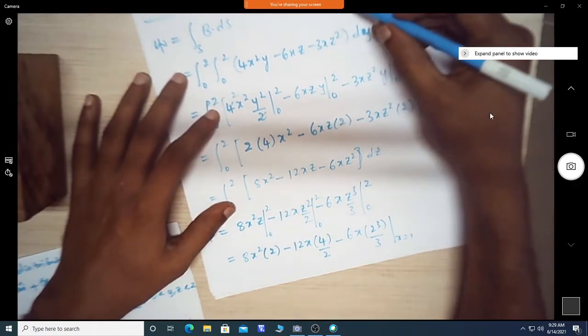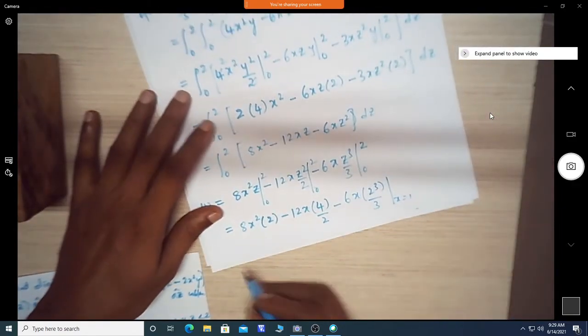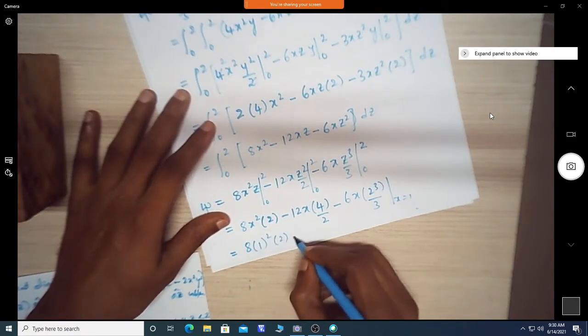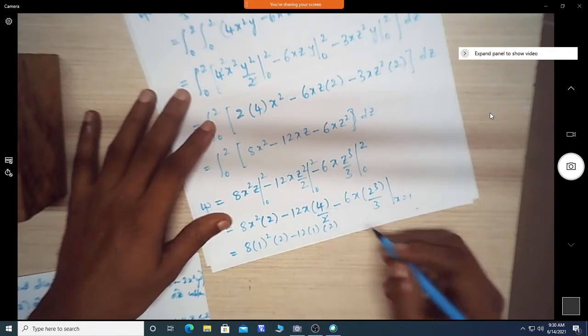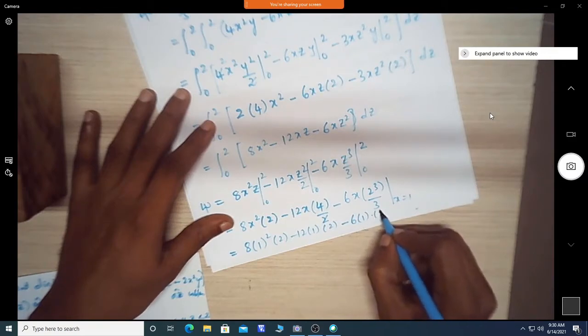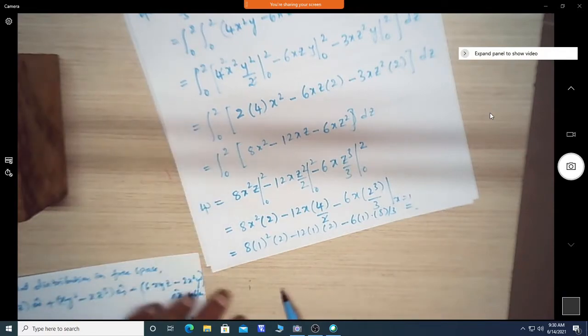So that is 8 into 1 square into 2 minus 12 into 1, the 2 will cancel, and minus 6 into 1 into 8 divided by 3. So this you can calculate what is the value.